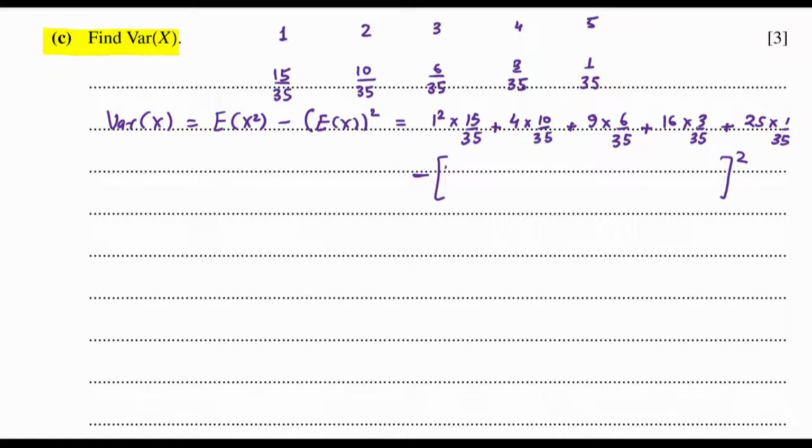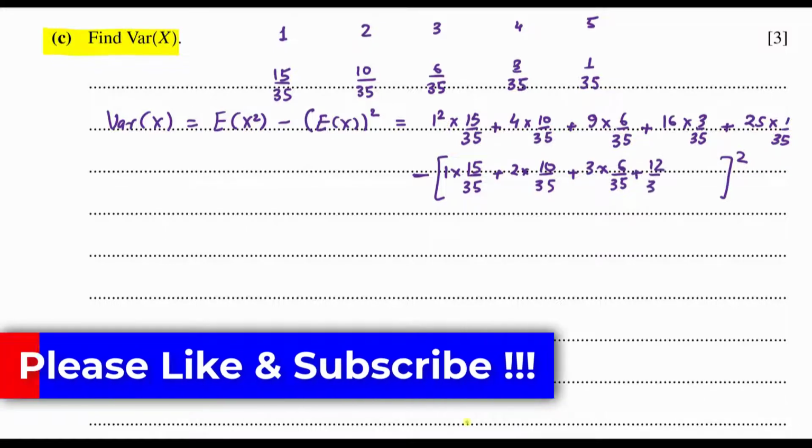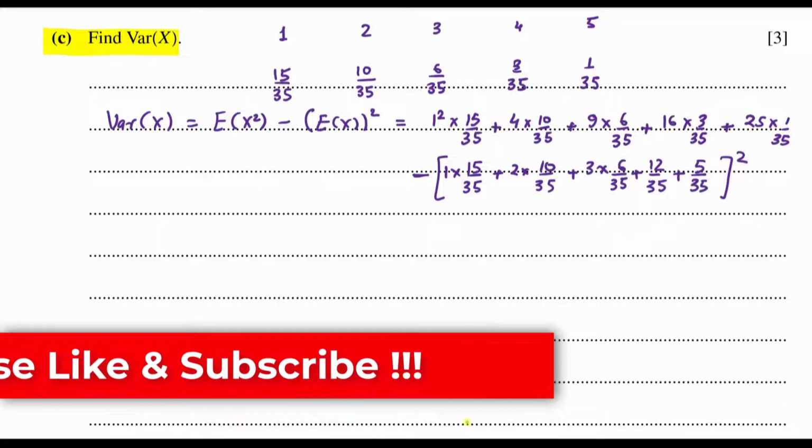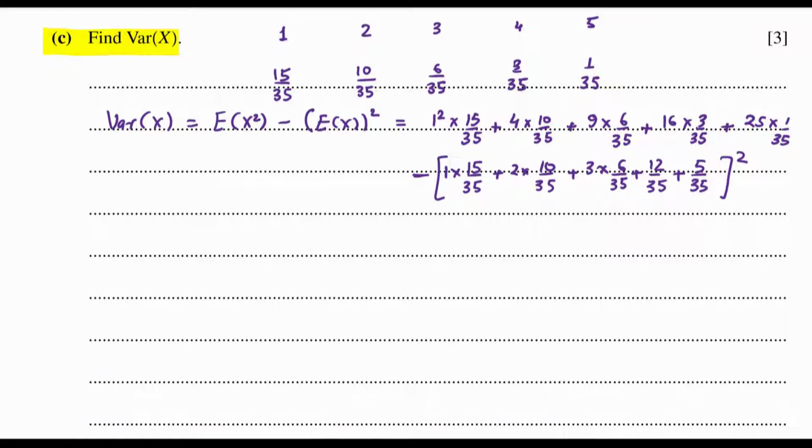The expectation is 1 into 15 over 35 plus 2 into 10 over 35 plus 3 into 6 over 35 plus 4 into 3, that is 12 over 35, and lastly 5 into 1, so 5 over 35, and then we will square it.